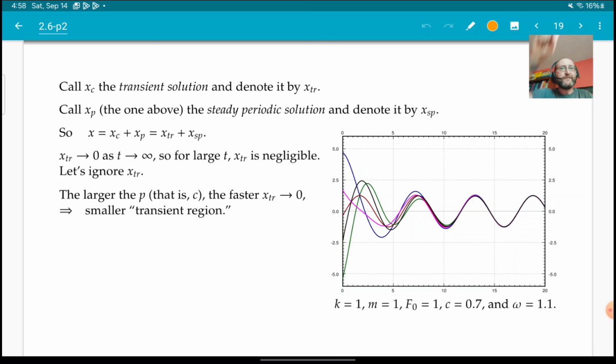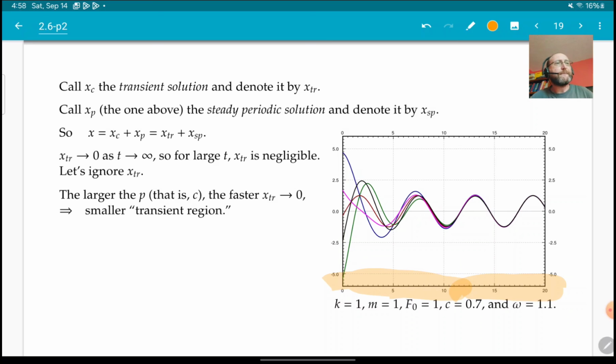So the larger that p, the more negative minus p is, the faster that goes to 0. So the transient region is smaller. It doesn't have a sharp boundary, but you'd say, maybe this is where I'm seeing some transient effects, and over here I'm not anymore.